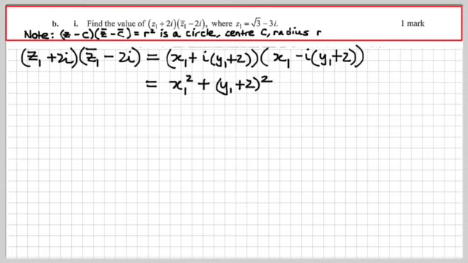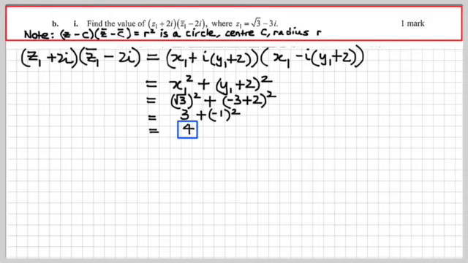So we get that because it's a difference of 2 squares. It's x1 squared minus i squared times y1 plus 2 all squared, and the minus i squared bit gets you plus 1, so that gets you that, alright? Now substituting in the actual values for x1 and y1, we get that, and that gets that, and then we get that. That's 4. Okay, so that's the answer to that question.